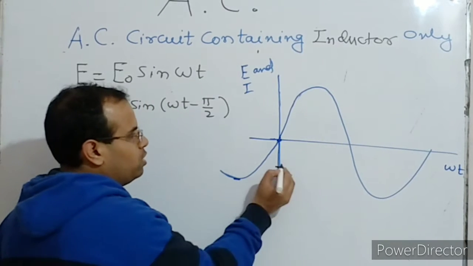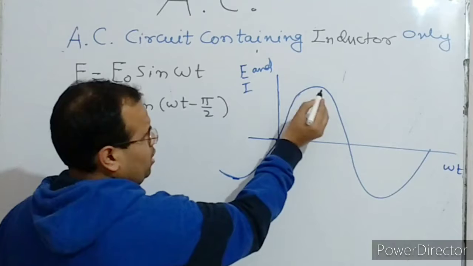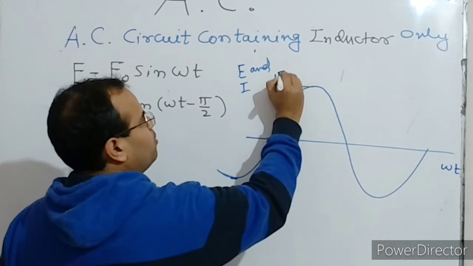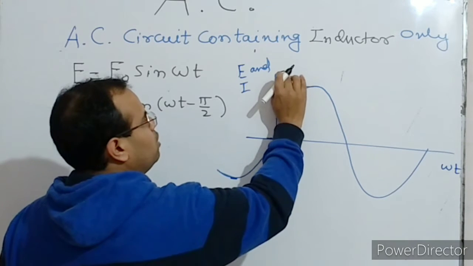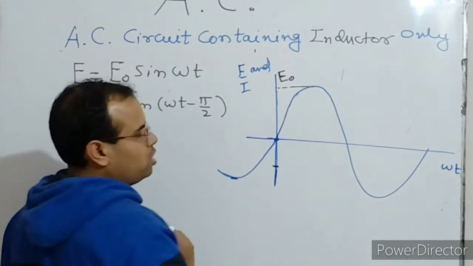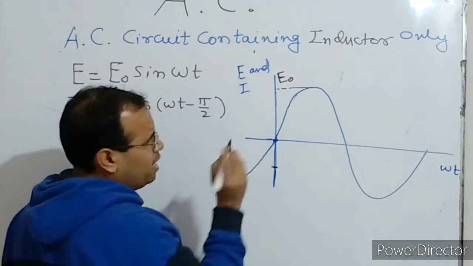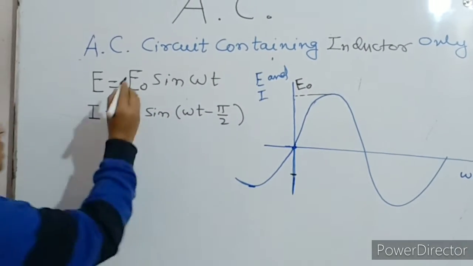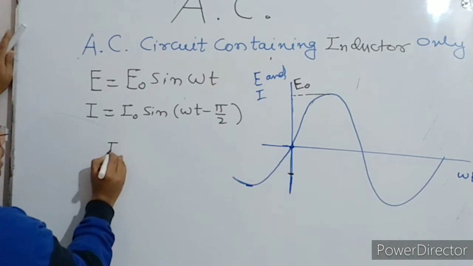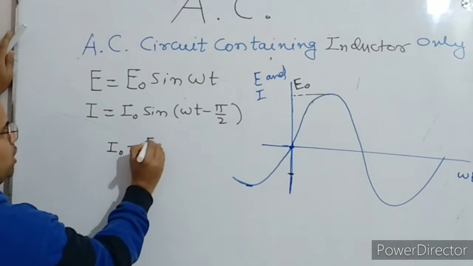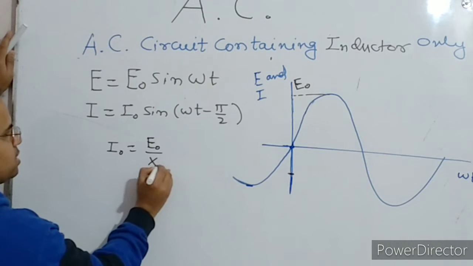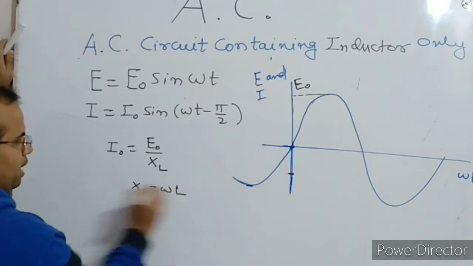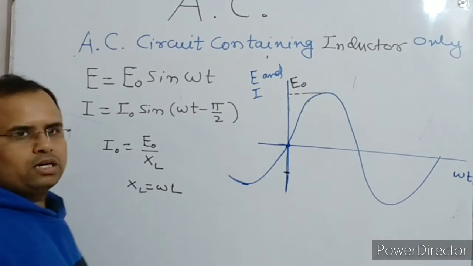One more thing you have to understand is that the maximum value of EMF is the peak value of EMF, and it is given by E naught. But I naught would definitely be somewhat lesser than E naught, because in case of an inductor we know that I naught is equal to E naught upon XL, where XL is omega L, and that is called inductive reactance.